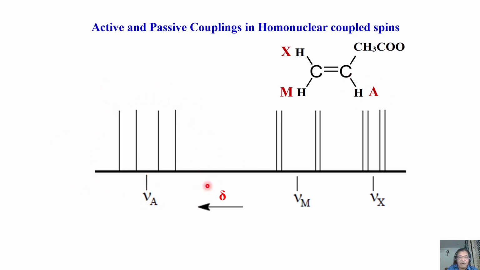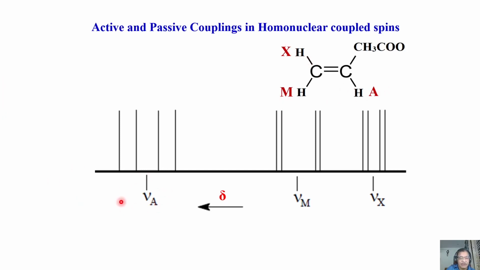When I am observing this, what is my active spin? When I am observing this proton, remember, this is the active spin. Proton A is the active spin. So what are the passive spins? X and M are passive spins. It means, remember I said, at the site of the active spin, you always get coupling between active and passive spins.